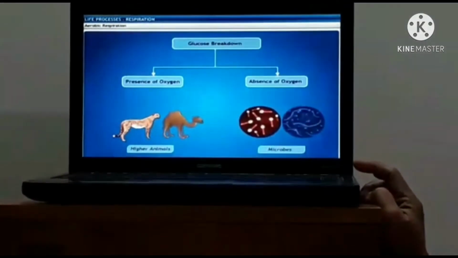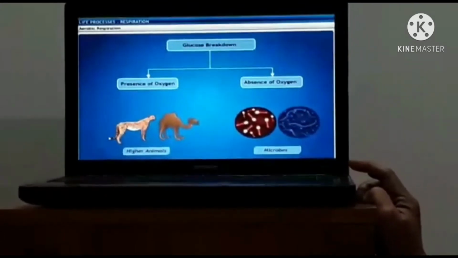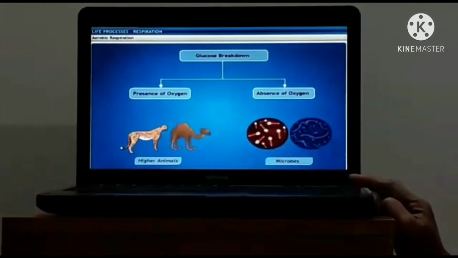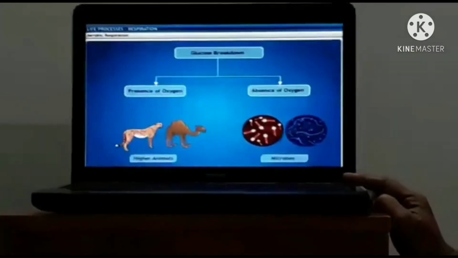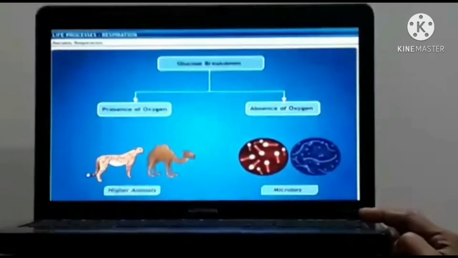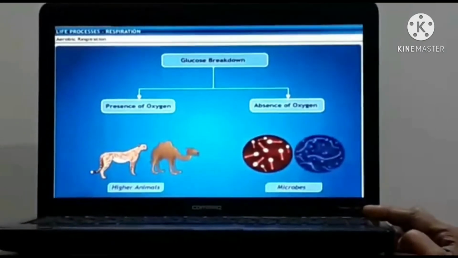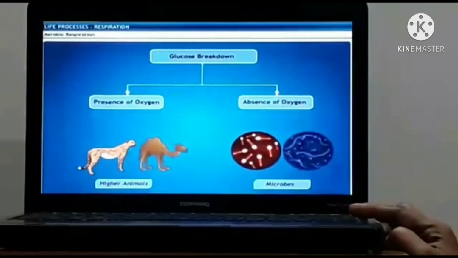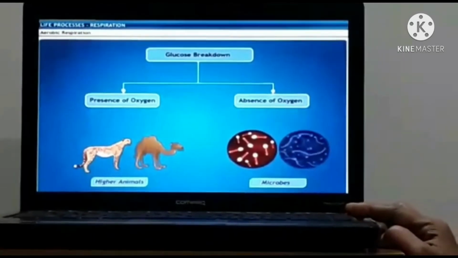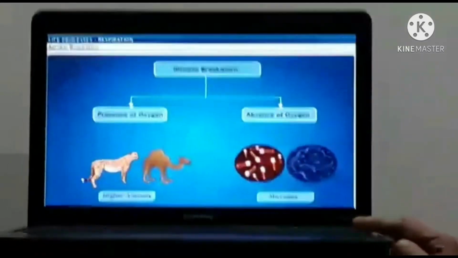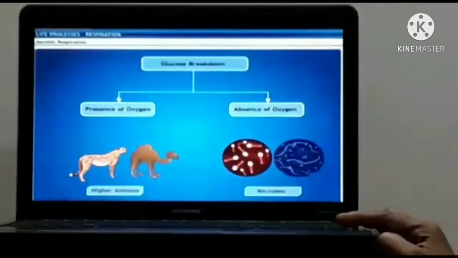Next is aerobic and anaerobic respiration. Glucose can be broken down both in presence or absence of oxygen. Higher animals use oxygen for the breakdown of glucose, but some microbes break down glucose in absence of oxygen.